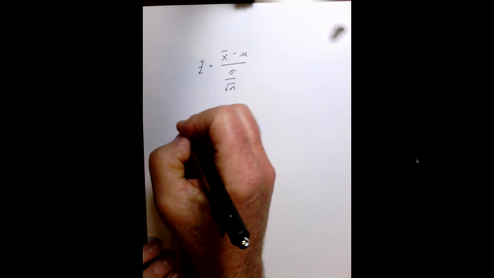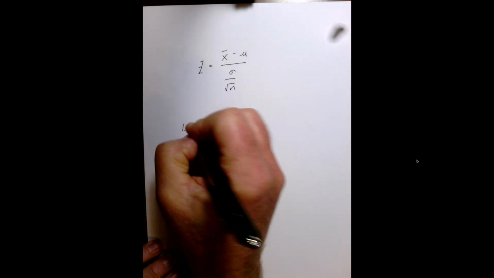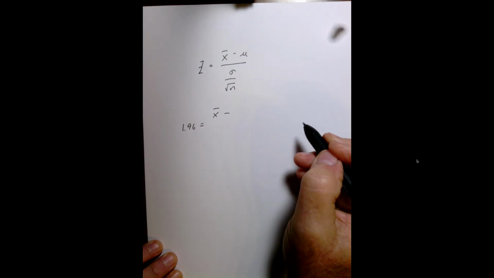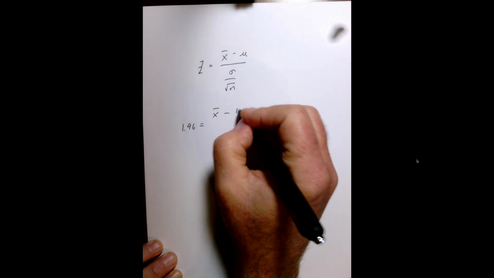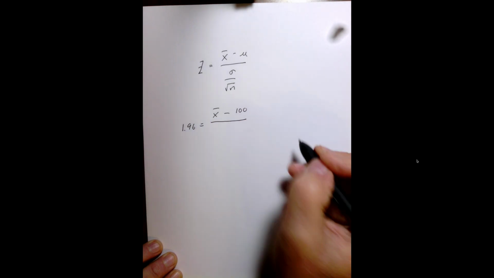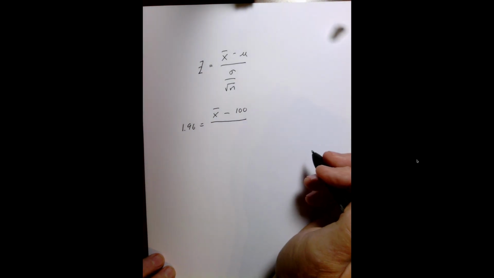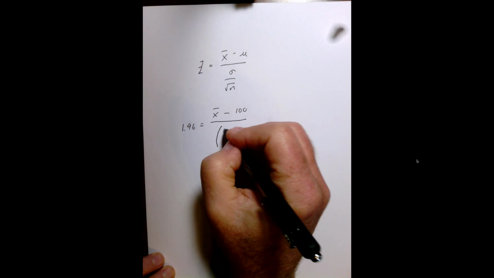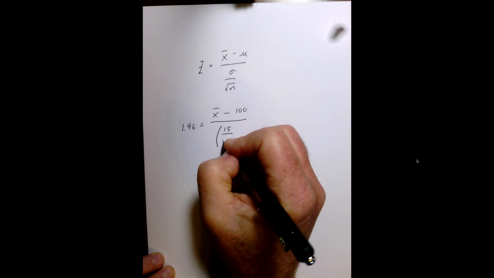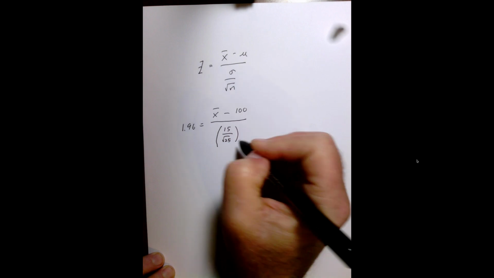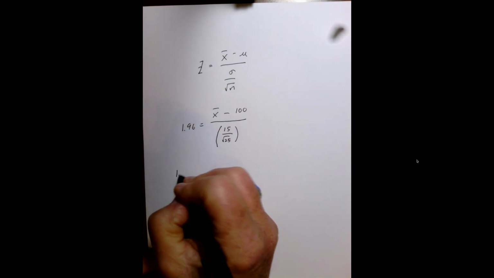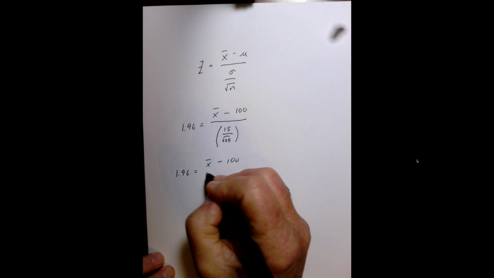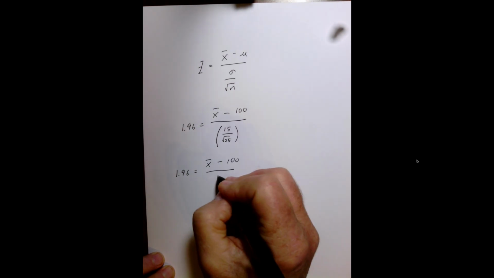So I know that my z-value here has to be 1.96. I don't know the sample mean that corresponds to that. That's what I'm trying to solve for. We know that we're living in a distribution with a mean of 100, and we have 15 over the square root of 25. So 1.96 equals x bar minus 100 over, I believe, 3.